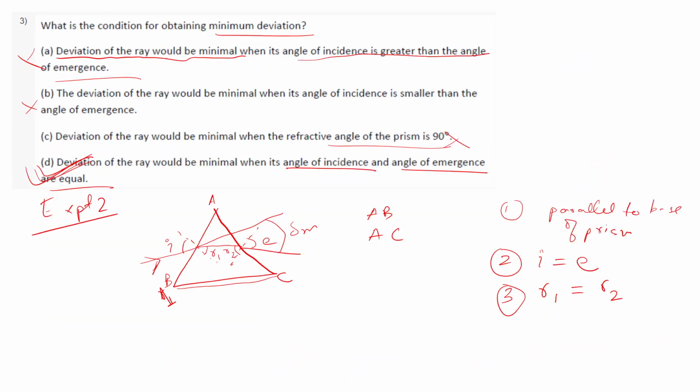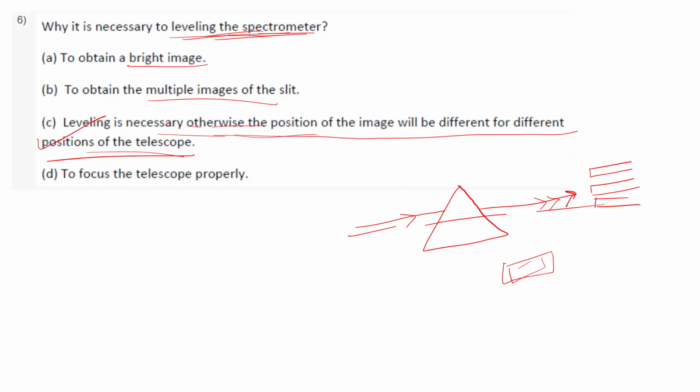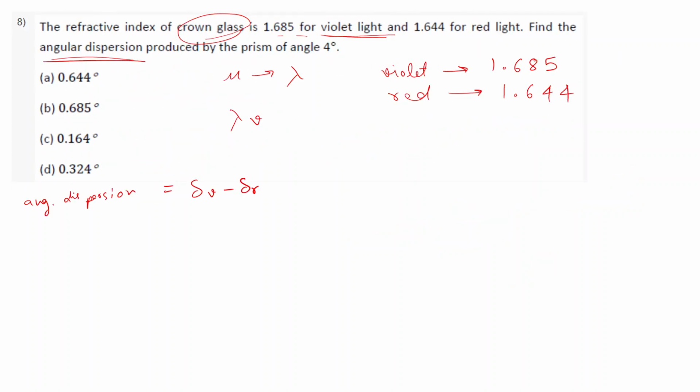So using this formula that we had derived in advance, we can directly use it here. So this is equal to refractive index of violet light minus refractive index of red light multiplied by angle of the prism. Now prism angle we have been given, which is 4 degree.